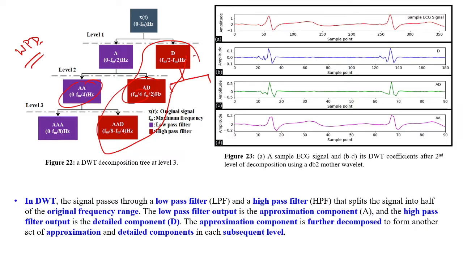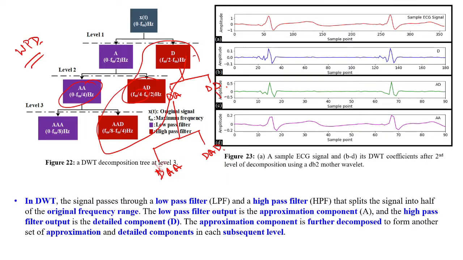So we get dA and dD over here. Now again, if you break down this dA, you will be getting daa and then dad.